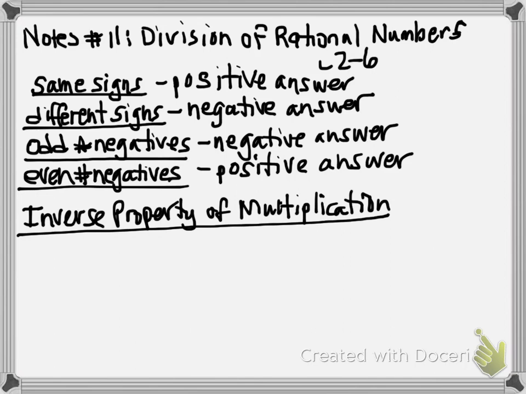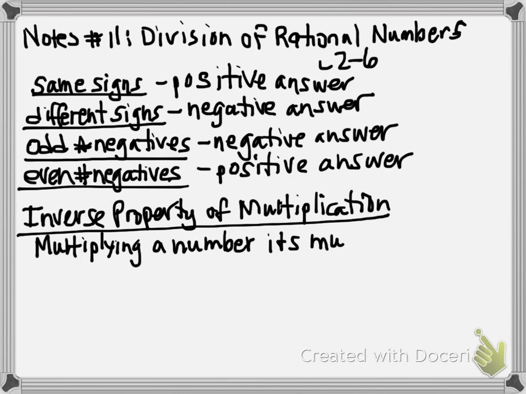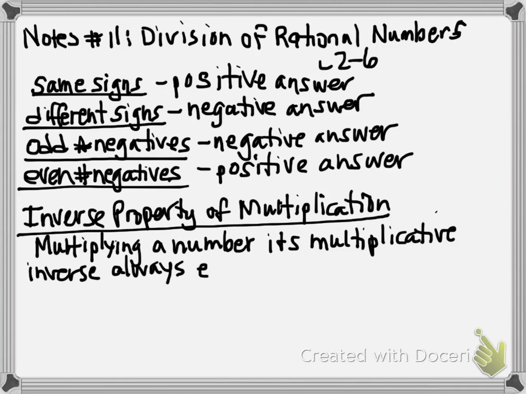Which basically says multiplying a number by its inverse, we'll call it multiplicative inverse, always equals 1.